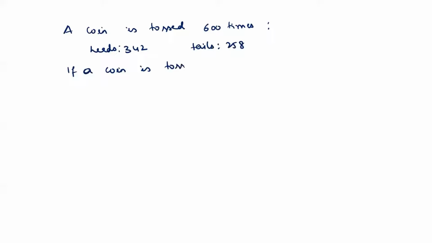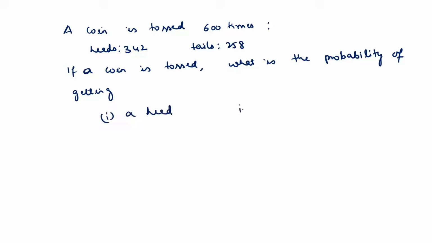A coin is tossed. Just write this down. A coin is tossed 600 times.